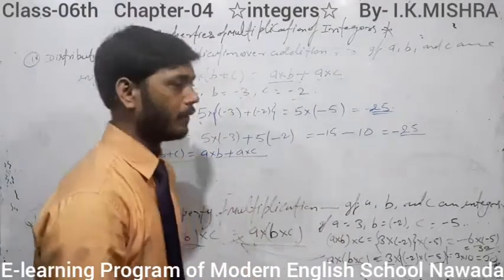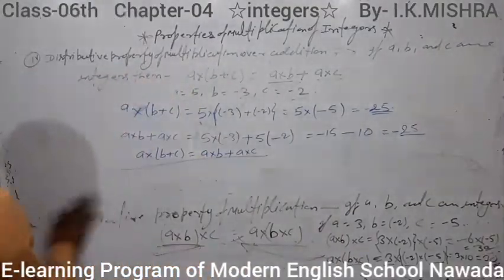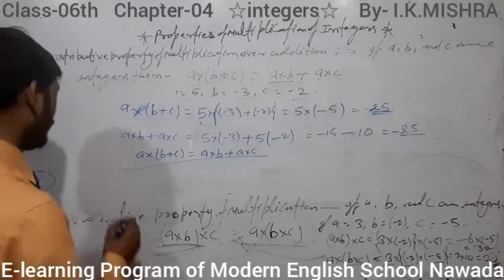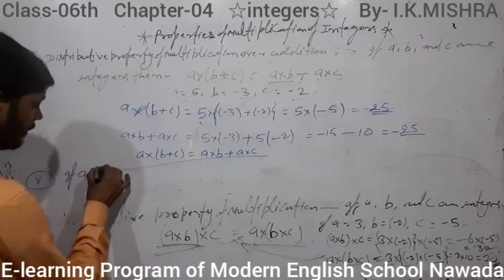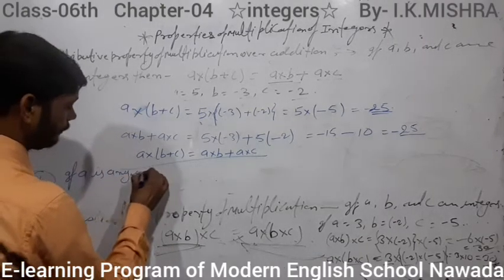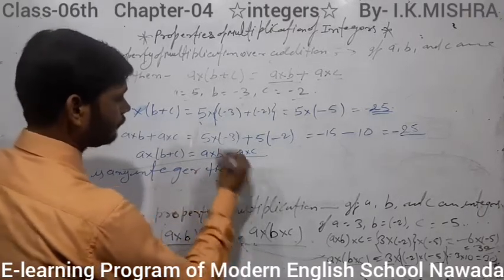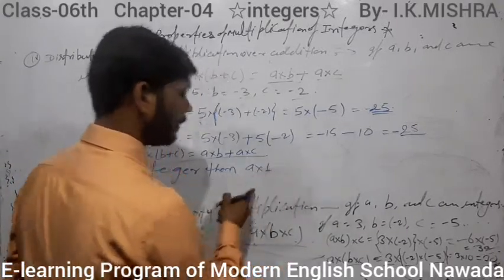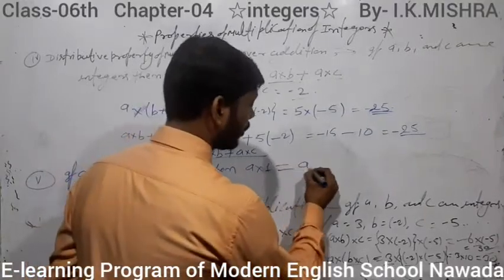Students, next property, fifth property: if a is any integer, then a into 1, when 1 is multiplied with any integer, the result is equal to that integer.